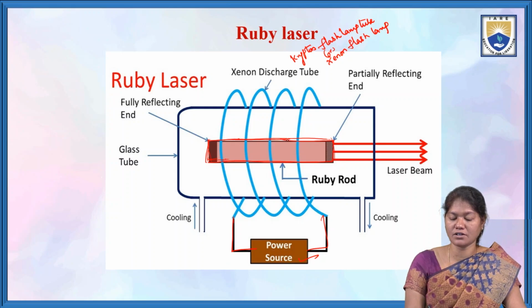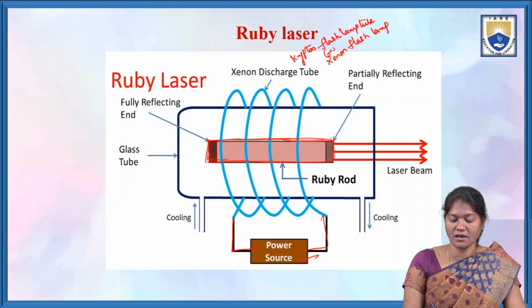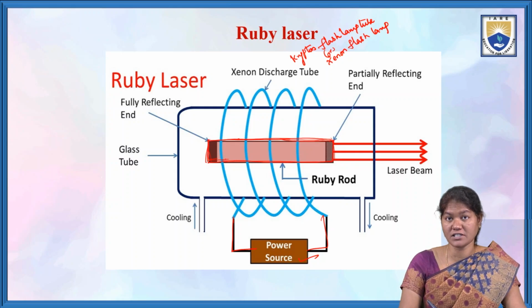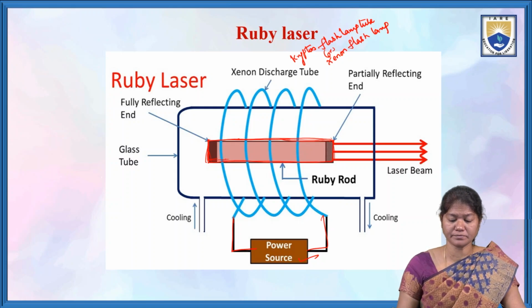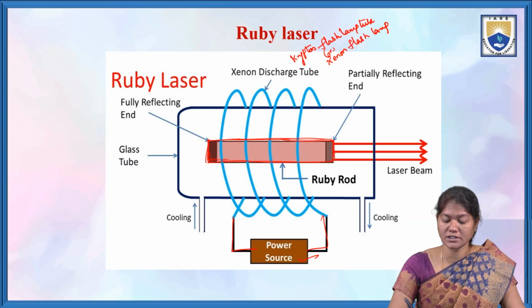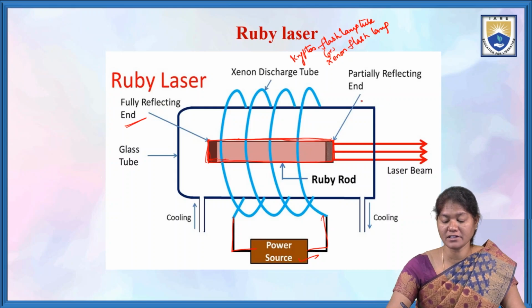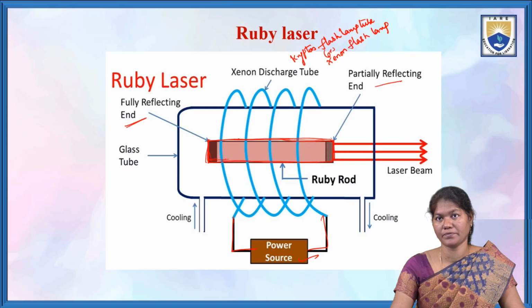So this ruby crystal rod has two faces. The end faces of this ruby crystal rod are highly silvered. That is, one end face is fully reflecting, and the other end of the rod is partially reflecting.